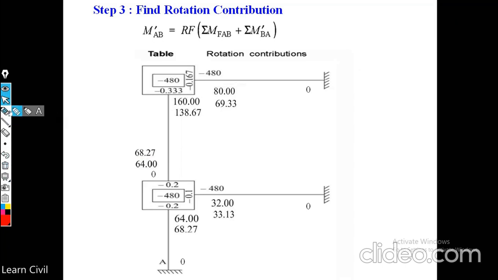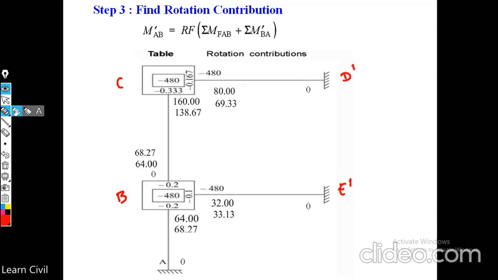Okay. Now this cycle number 2 is completed, and we have to go for cycle number 3, because you can see here the difference between the consecutive values is not negligible or not small. Therefore, we'll be going for cycle number 3.